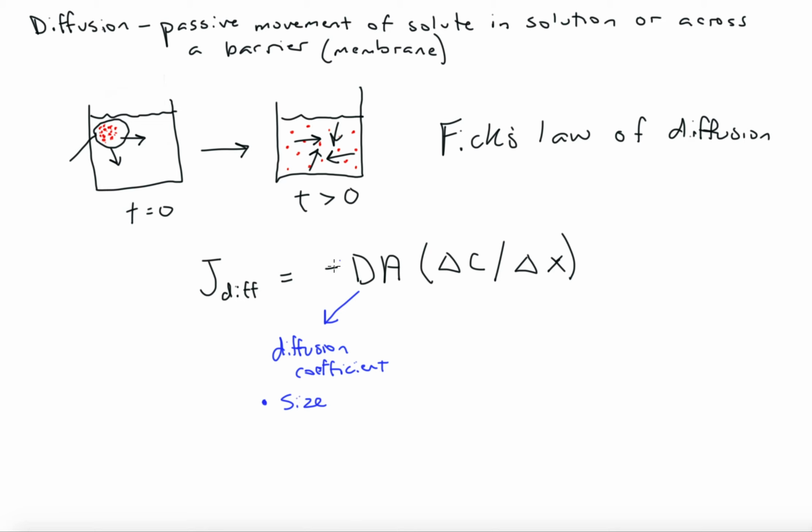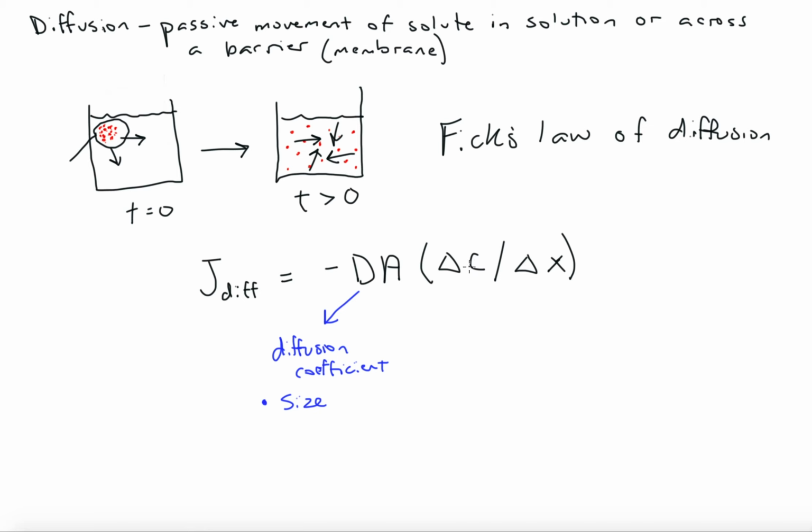And, oh, by the way, so diffusion is directly proportional to D, A, and delta C, because those are all on the top, right? In other words, there's a fraction over here, so the delta X is on the bottom. But what that means is that if D goes up, so does J, right? Or if A goes up, so does J. That's called directly proportional. It's really important because there are a lot of fractional relationships in physiology where there's a numerator, right?